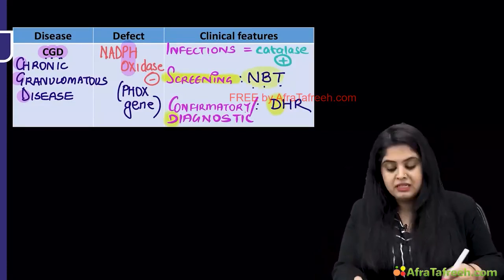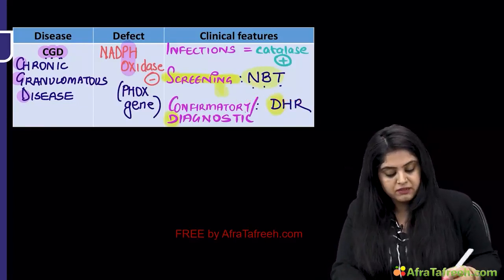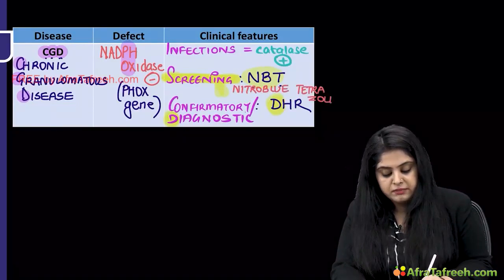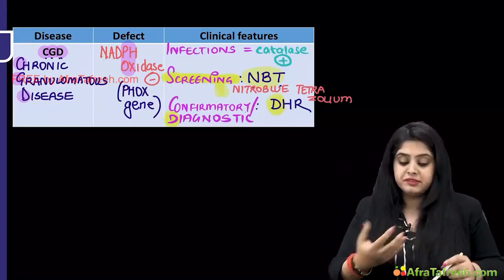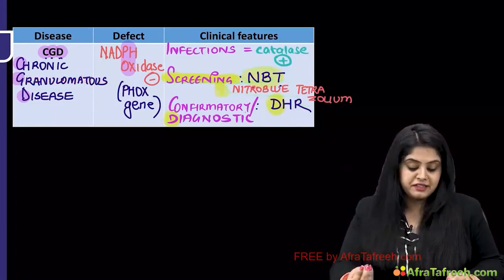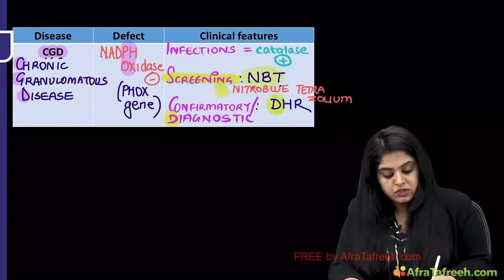NBT actually doesn't mean nibba nibbi. Don't reveal this to anyone. For you guys, NBT is nitro blue tetrazolium testing. NBT is nitro blue tetrazolium testing, but for our purpose that NBT test is abnormal, okay, but NBT is nibba nibbi test and that is the small test. It's a screening test. Whereas DHR, what is DHR?